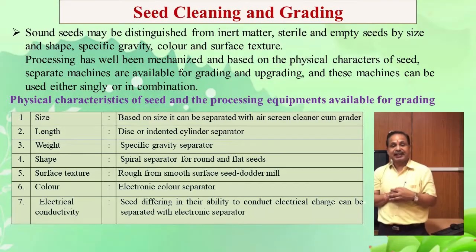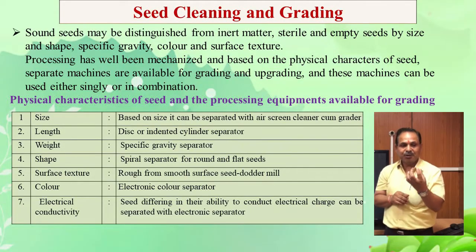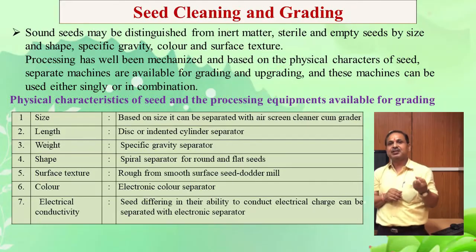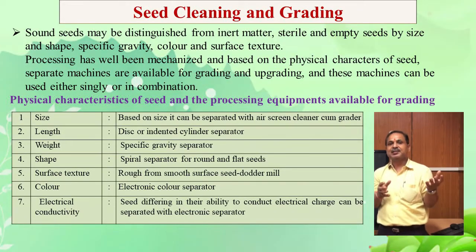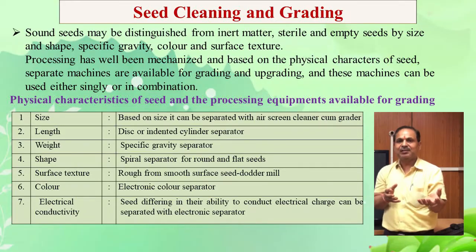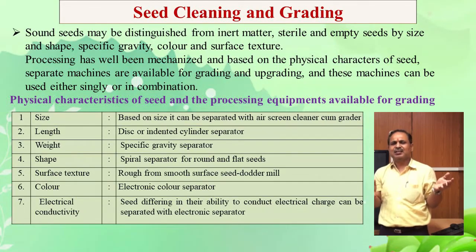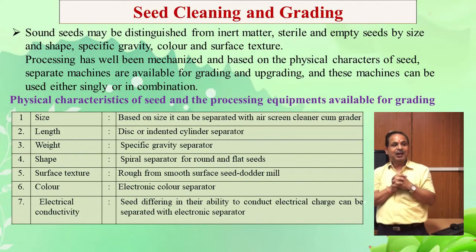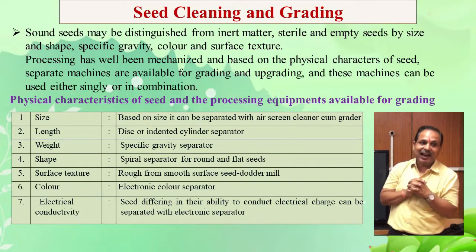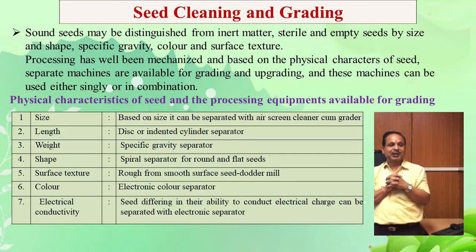So the first component is seed cleaning. When we consider the seed lot, it is an admixture of different components. Maybe dust particles, maybe straw particles, maybe some stone particles. Different things may be admixed in the seed lots. But it should be properly cleaned, and thereafter it should be graded.